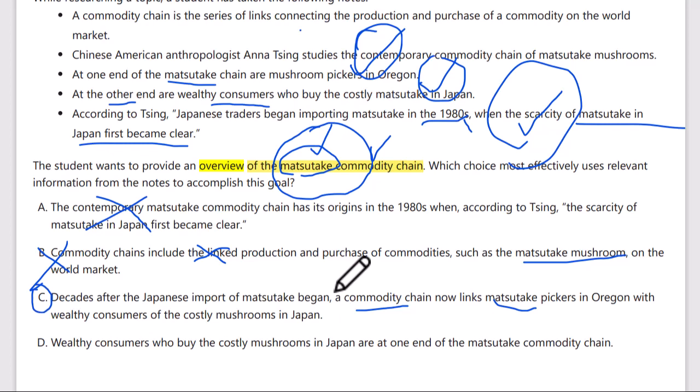D, wealthy consumers who buy the costly mushrooms in Japan are at one end of the Matsutake commodity chain. Again, like answer choice A, this is just one part or one bullet point even within the chain or the summary, so it cannot be the right answer.